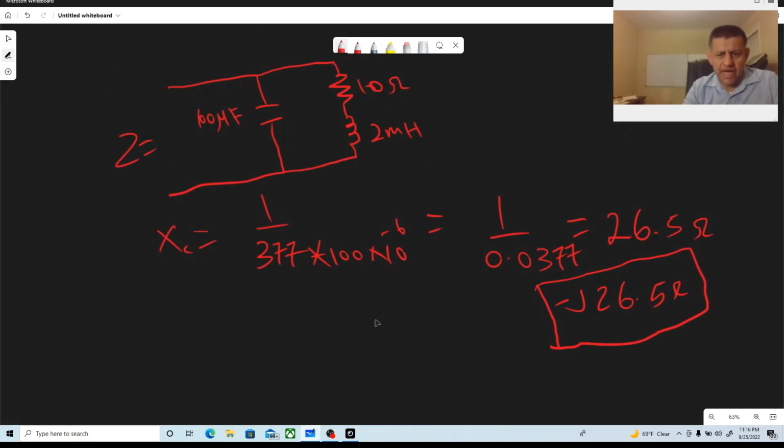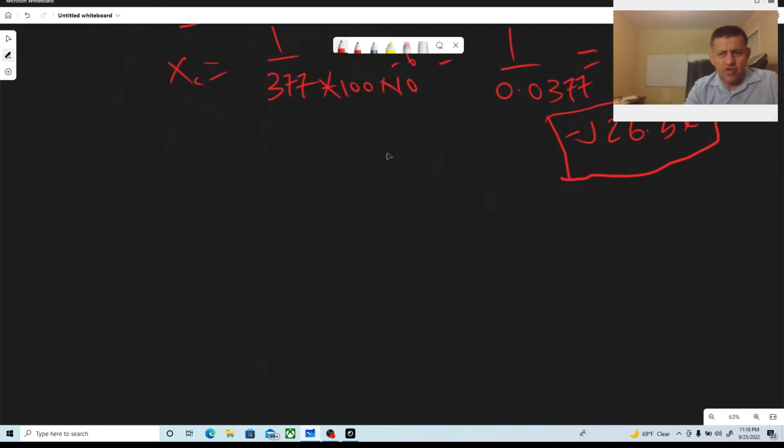Let's do this too, guys, right here. So now we use the formula called XL. Why XL? Because L is the inductive reactance.